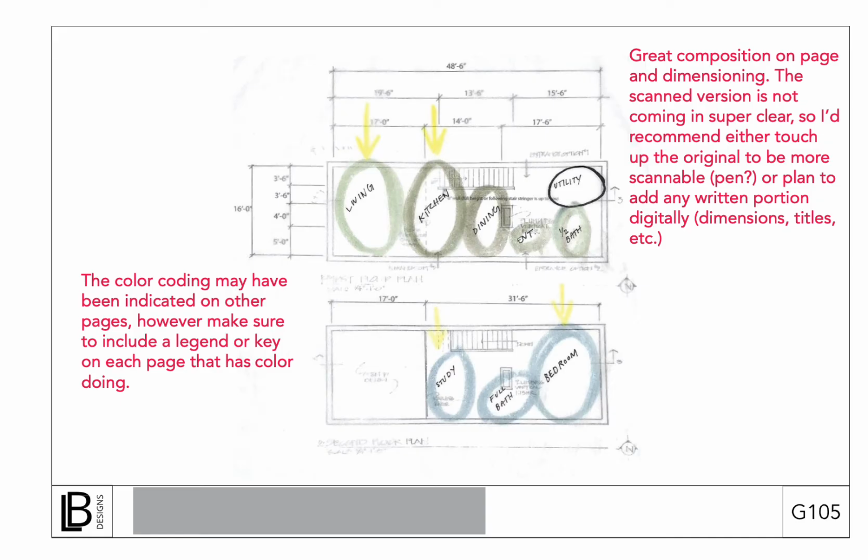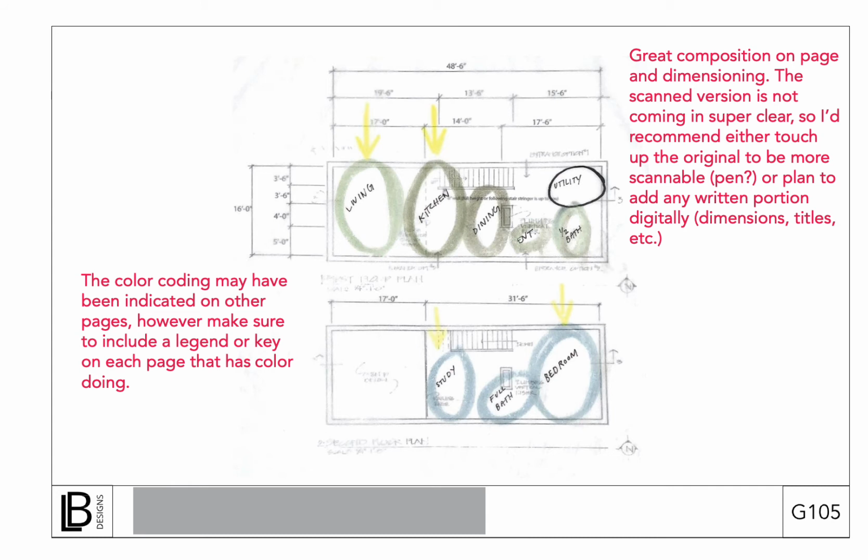Okay, so now we are looking at some bubble diagrams. This is going to bounce between submissions, so you're going to see a lot of different things in order. The first thing I noted was that there's some strong color coding going on. It looks like it's color coded per floor, but I'm not completely sure if that's accurate.